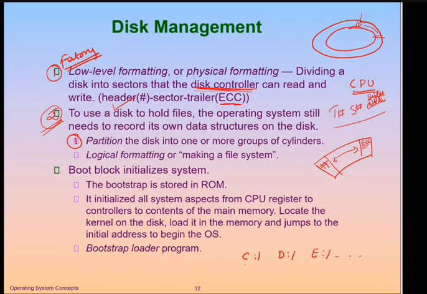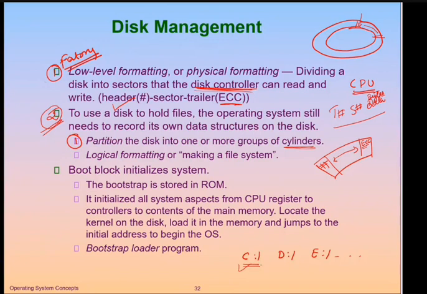This is called logical partitioning of the hard disk. The operating system will select a few cylinders. I hope you all know what a cylinder is from the last lecture. This group of cylinders is called one partition, and there is some name associated with that partition.